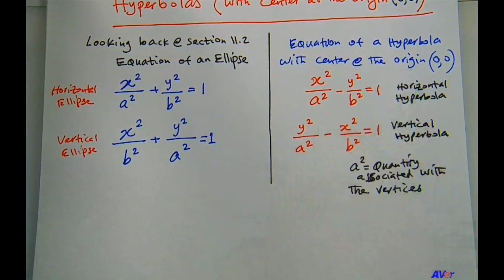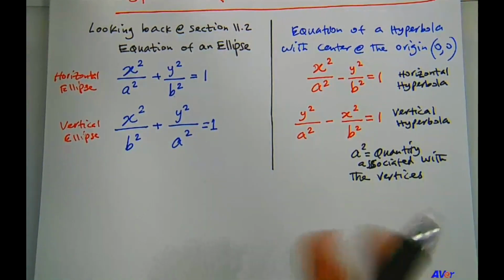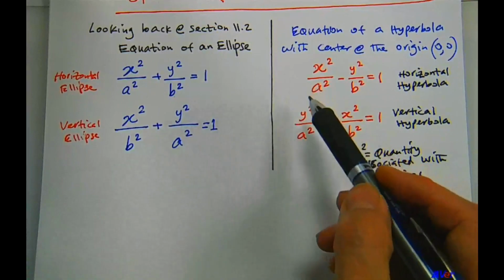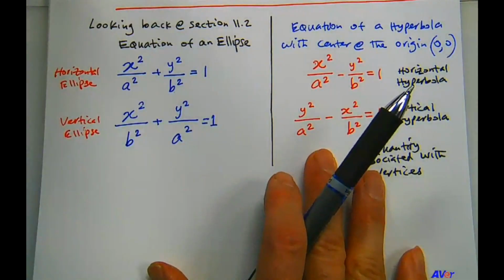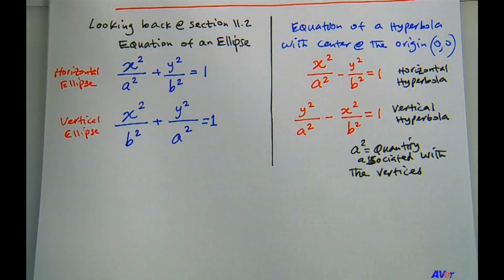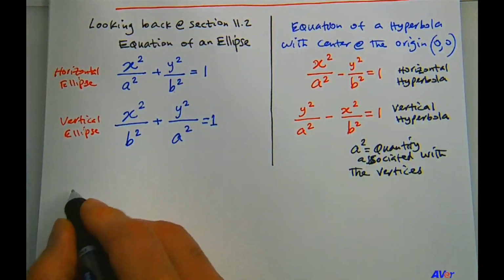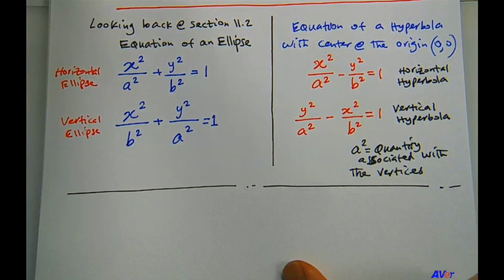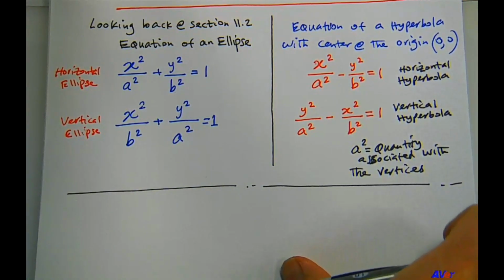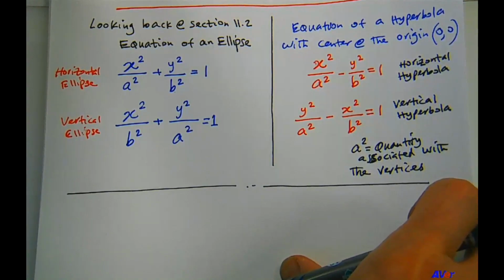This is just to start with, so we don't confuse the hyperbola equations with the equations for the ellipse. Now that we've talked about that, I think we should talk about the anatomy of a hyperbola graph.